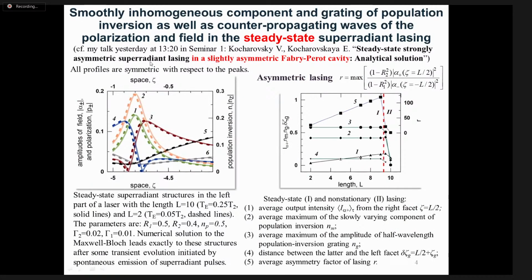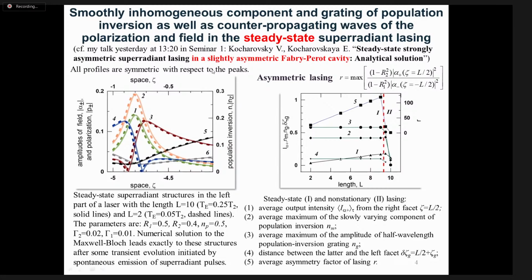In my previous talk, yesterday's talk in seminar 1, I described the analytic solution to the steady state strongly asymmetric superradiant lasing in a slightly asymmetric Fabry-Perot cavity. If the reflection factors of the cavity are different, at least by several percent or maybe several times, then the solutions can be found analytically, and this is a steady state, pure monochromatic solution.